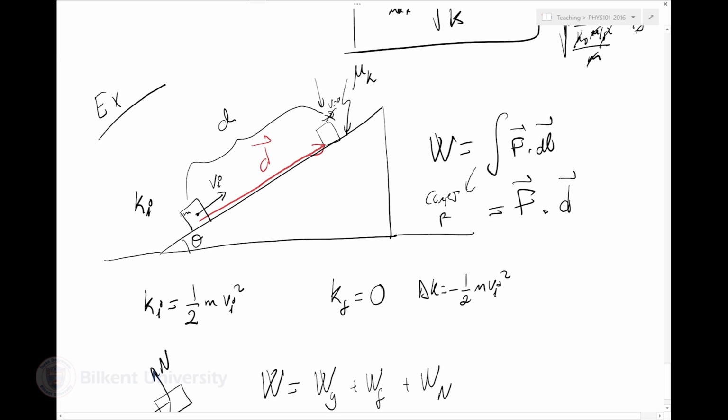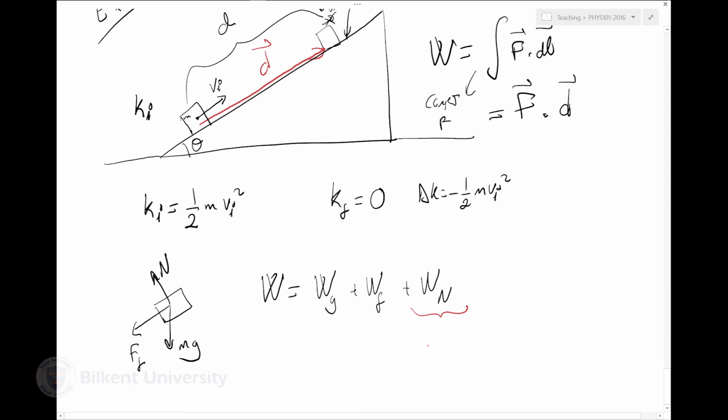Let's calculate the simplest thing. What is the work done by the normal force? It's going to be N dot d. But which way is N acting throughout? It's actually acting perpendicular to my displacement. So what's N dot d? This is 0, as N is perpendicular to d vector.